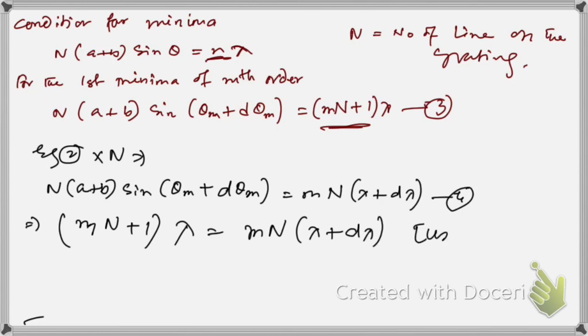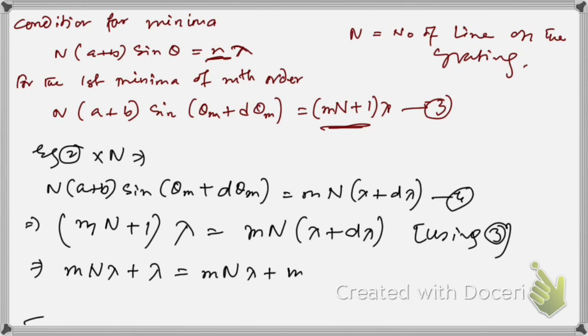Using equation number 3, now if you simplify this, m capital N lambda plus lambda, right, on the other side m capital N lambda plus m capital N d lambda, then these two cancel out and we will get m capital N is equal to lambda by d lambda.